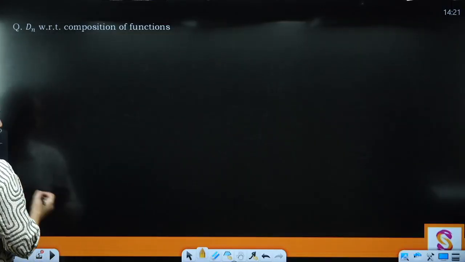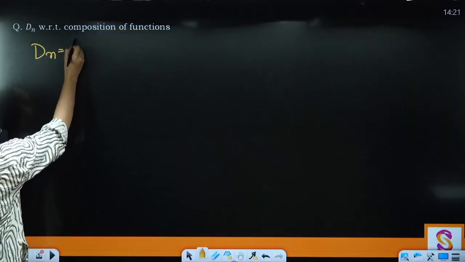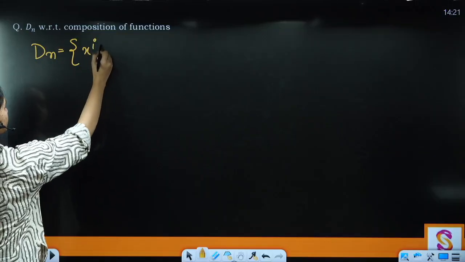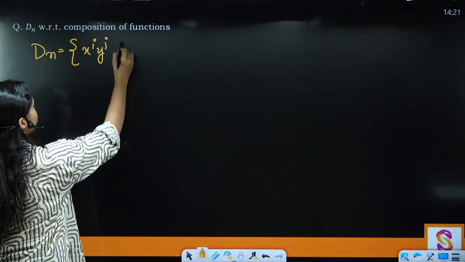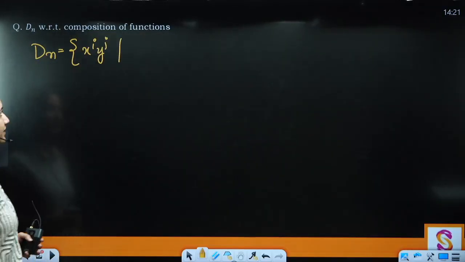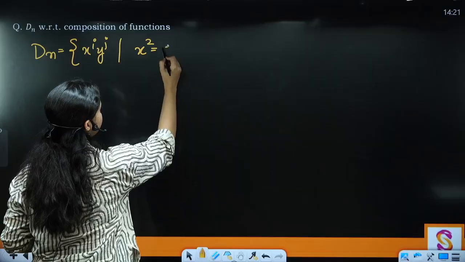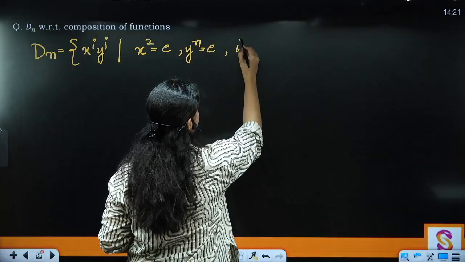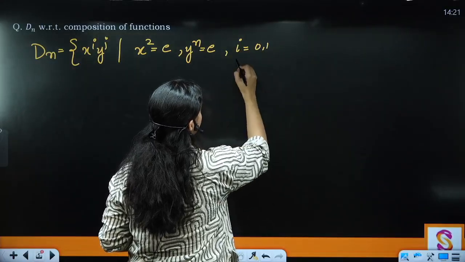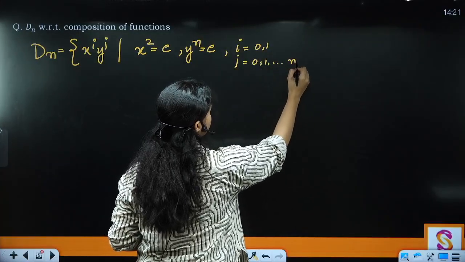Chalo. First of all, let's start with the general representation of the group Dn. It can be written as x raised to the power i, y raised to the power j, where x squared equals e and y raised to the power n equals e, and i ranges from 0 to 1 and j ranges from 0 to n minus 1.